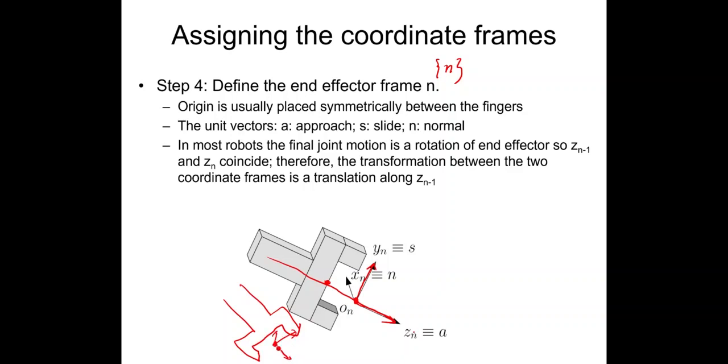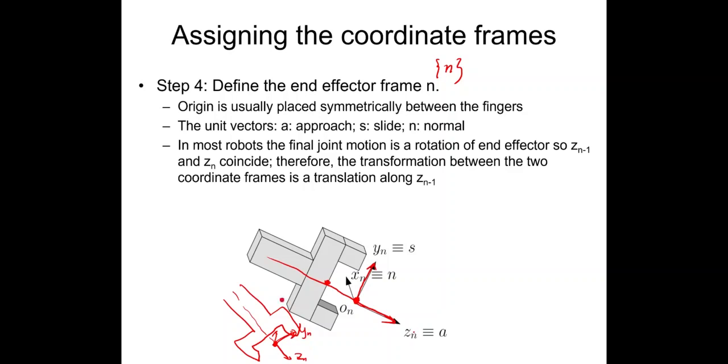Here I have my origin in the middle of the grasper, and still I have my Zn pointing in the approaching direction, and my Yn is the sliding direction.